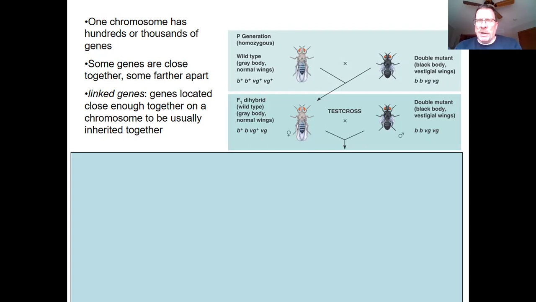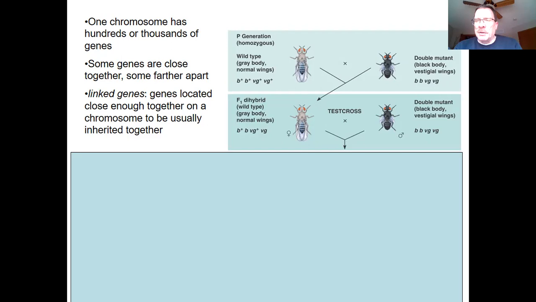Anyhow, here's our example. We have a parental generation that is all wild type. As you can see, the female is all normal, wild type, gray body, normal wings. The male is, to use the term, recessive, the double mutant, black body, vestigial wings.